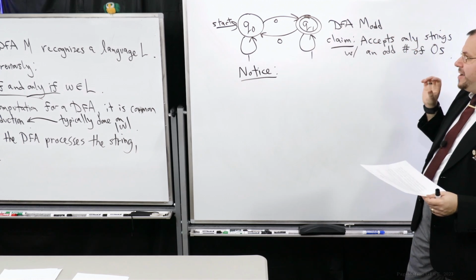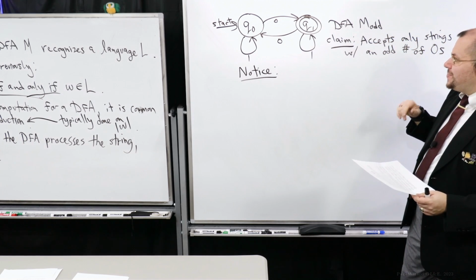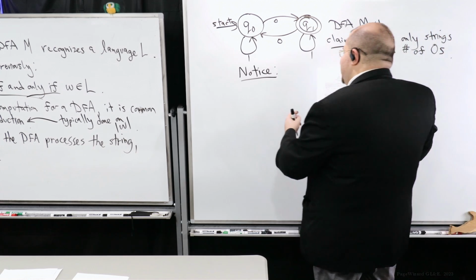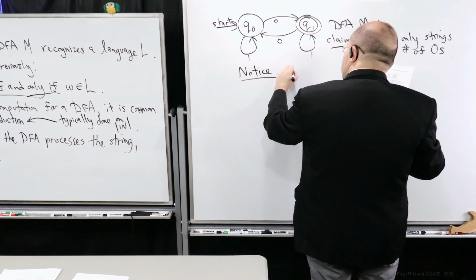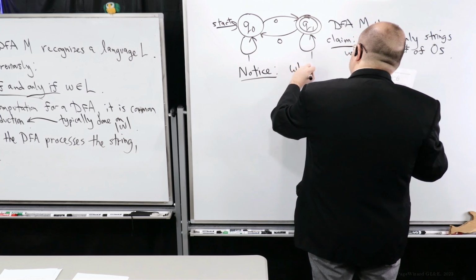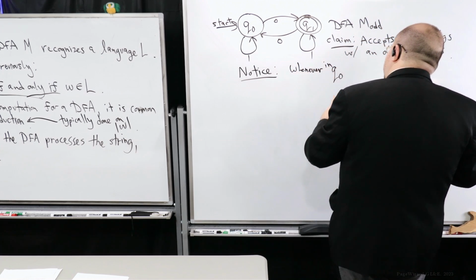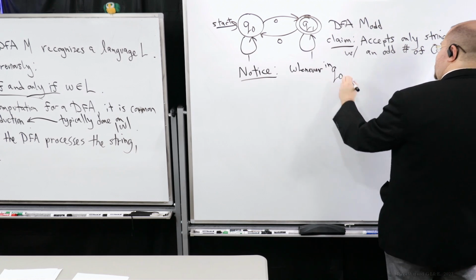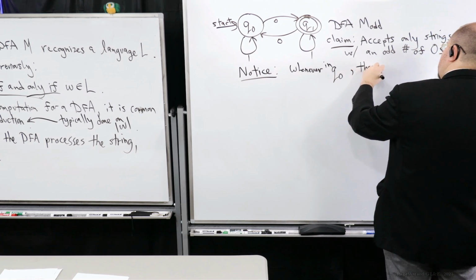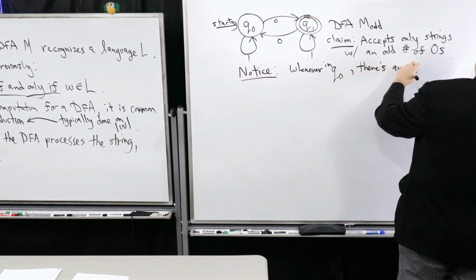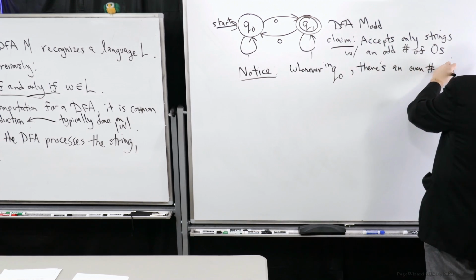So the DFA is processing the string. And what did we notice? Notice that whenever we're in Q0, there's an even number of zeros.